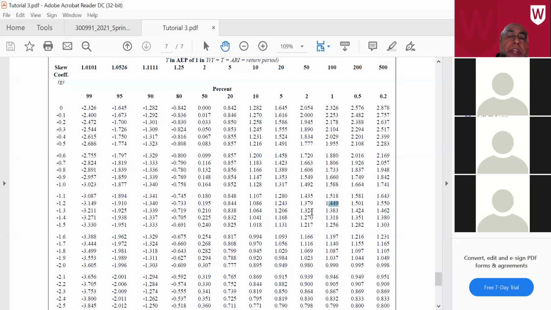For 50 year, it should be close to 1.379, because it's closer to minus 1.2. And in case of 100, it will be close to 1.449. So we have to do the interpolation. Who can do the interpolation and tell me what would be the KT for skewness minus 1.21022?